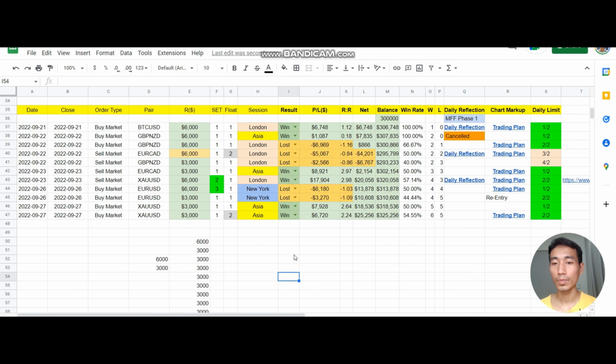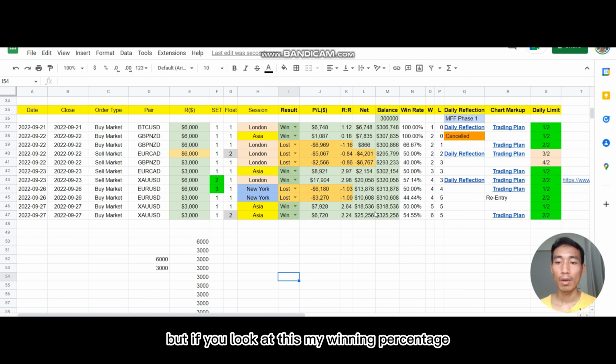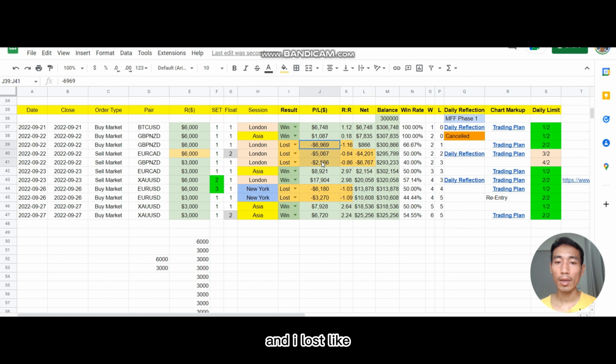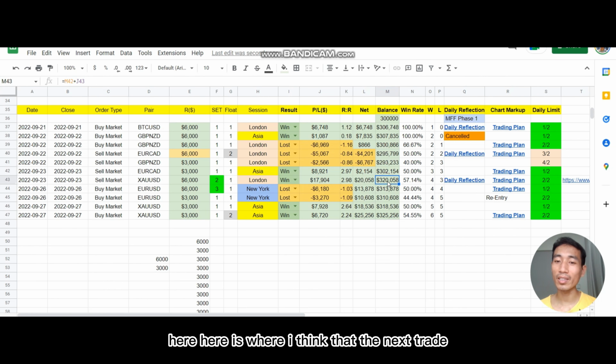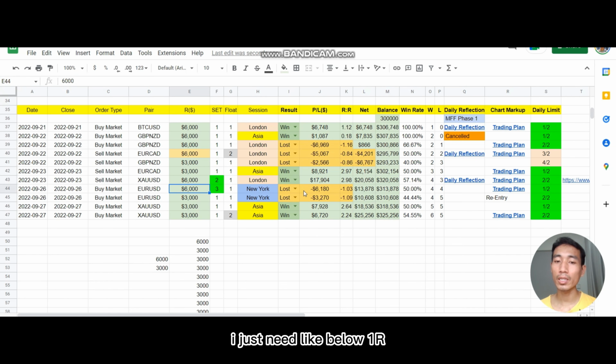So I have two trades with double risk. That's quite risky. But if you look at this, my winning percentage is quite low. I go up and then I go down, and then I almost get here. Here is where I think the next trade I just need below 1R. Here 6 grand, I just need to win like 4 grand, and I'm good.